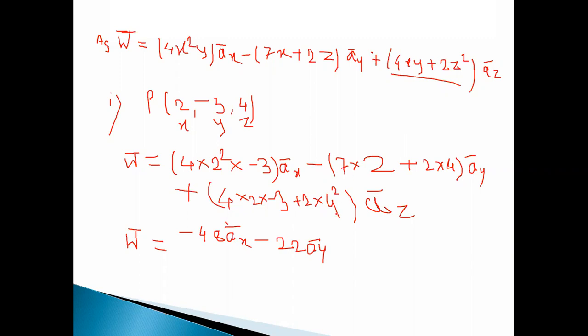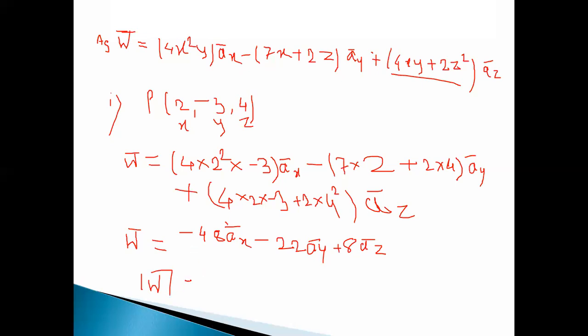No, minus, ma'am. Yes, and plus 8 A bar Z. And this mod of W bar is square root of minus 48 square plus 22 square plus 8 square.